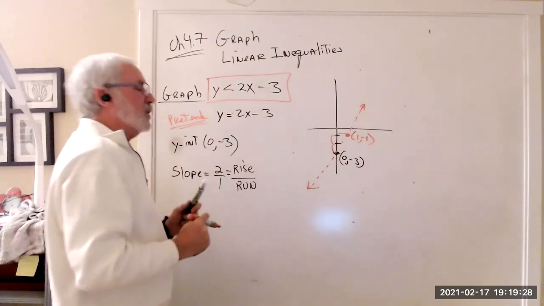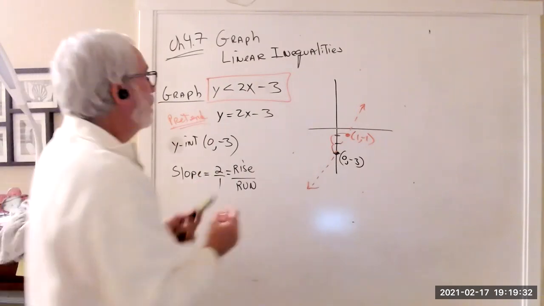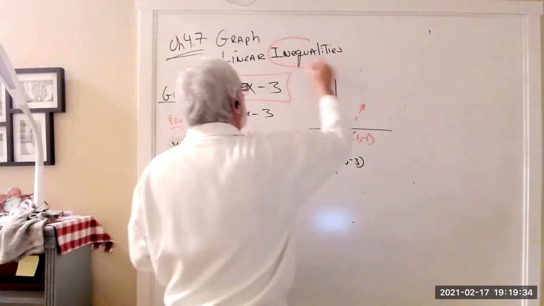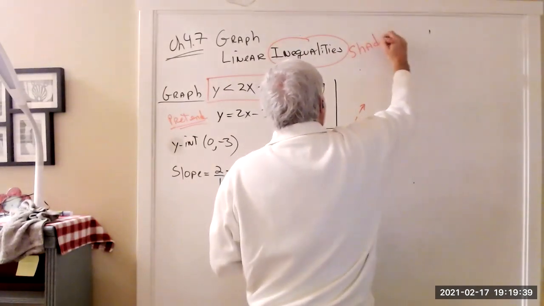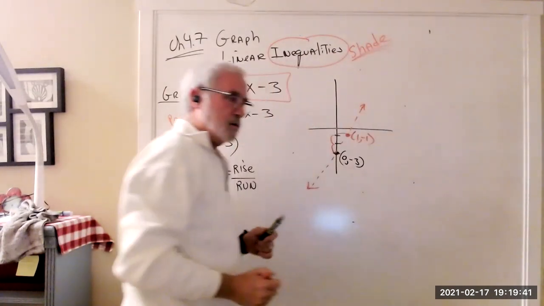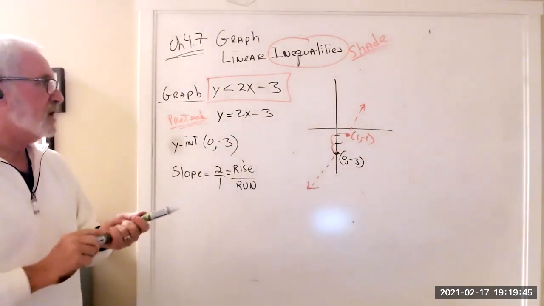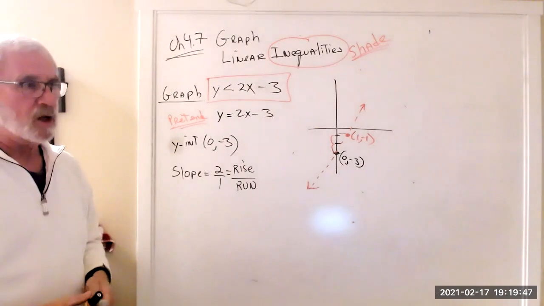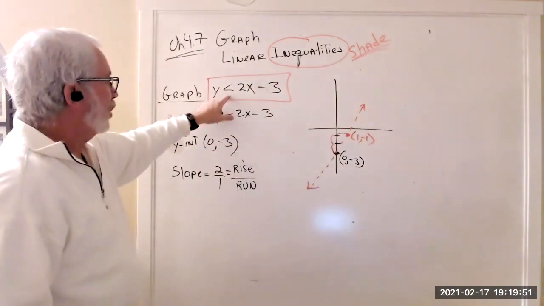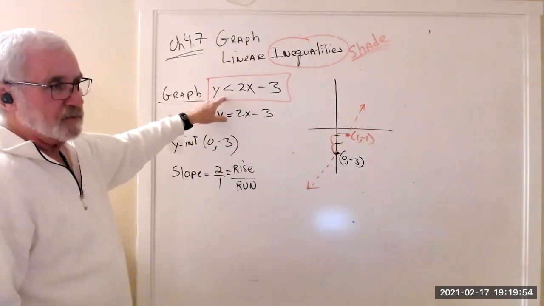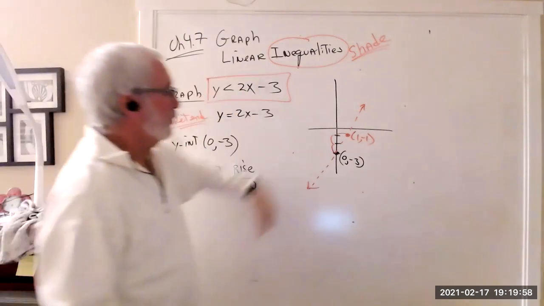The next thing is because it's an inequality, we have to shade. So you've only done half the problem now. You've graphed the line and you've made it dotted because of the less than. Even if it was greater than, it would still be dotted.